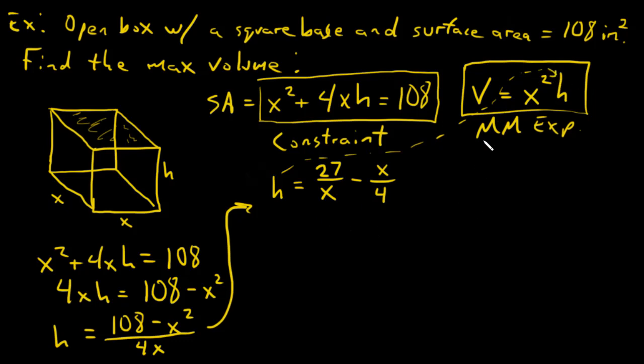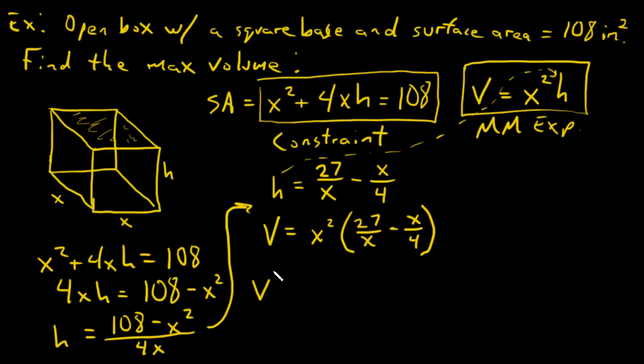Okay? So if I do that, I'm going to get V is equal to x squared times (27 over x minus x over 4). Okay? Well, that worked out really nicely. Now I'm going to distribute.